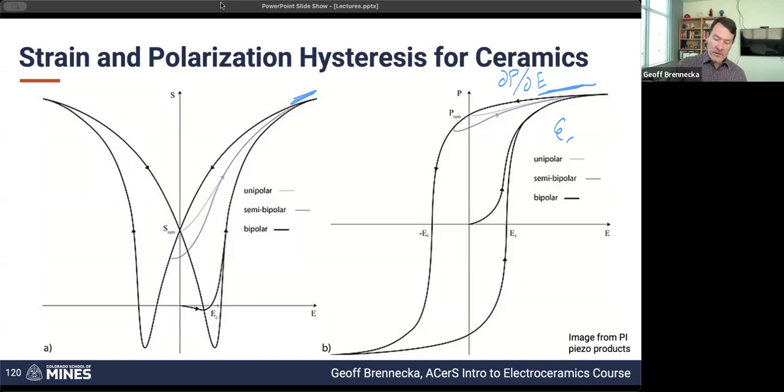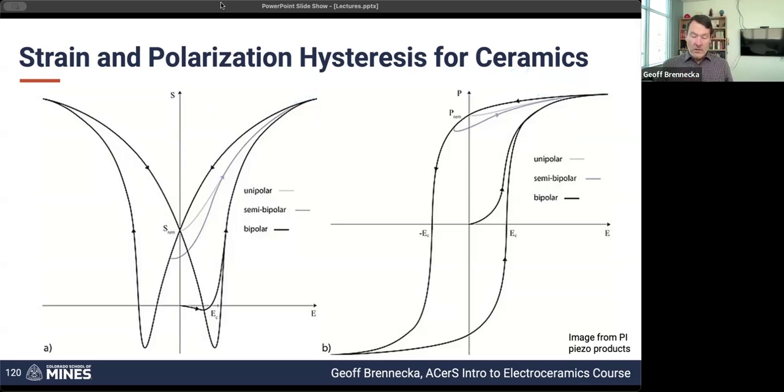So the slope of dS, we'll use a capital S because that's what's shown on here, dE. What's the change in strain with field? That's just the d coefficient. So the local slopes of these hysteresis loops are really, really important because that tells you how each one of these more intrinsic values is going to change as we change field.